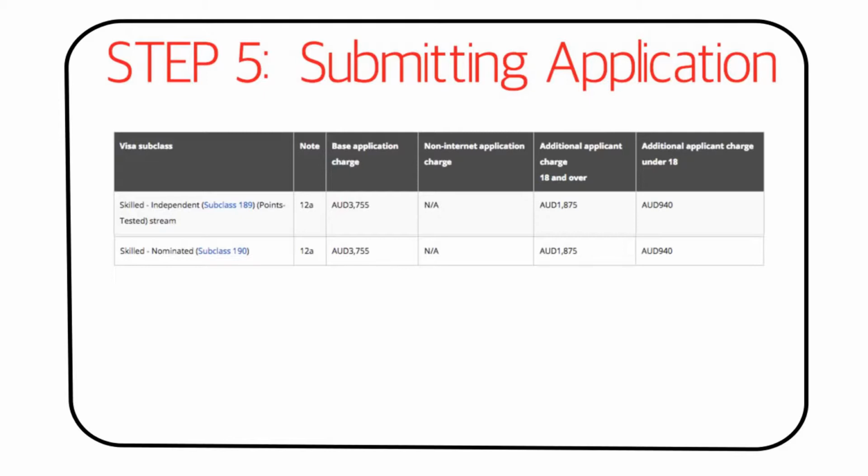It is 3,755 Australian dollars for the primary applicant, and for the spouse it's 1,875 Australian dollars, and for kids under 18 years of age it's around 940 Australian dollars.